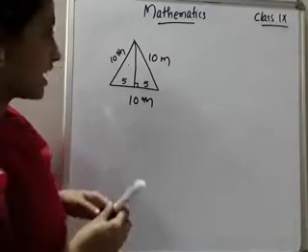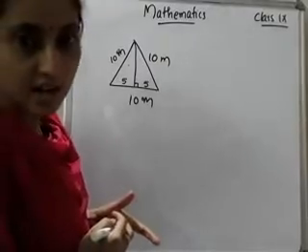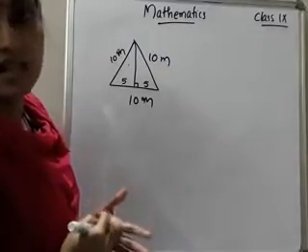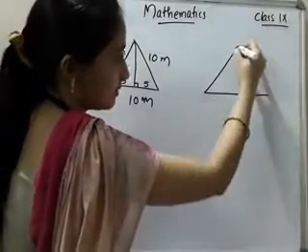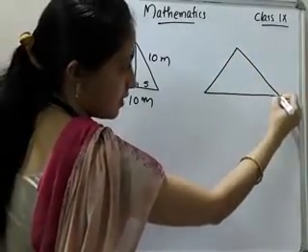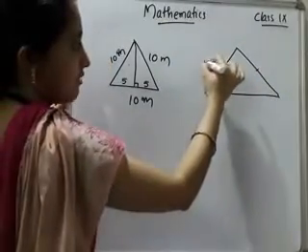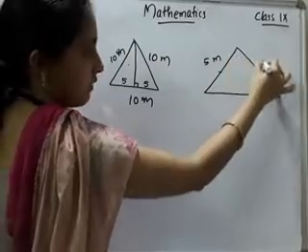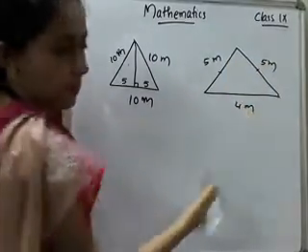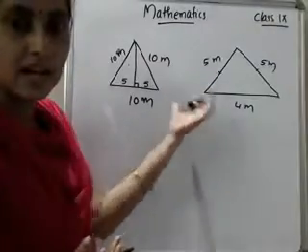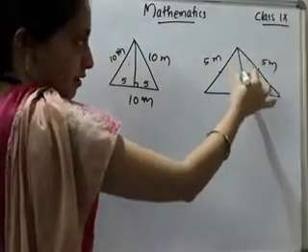Then, if it is an isosceles triangle, how will you find the area? What is the specialty of an isosceles triangle? Yes, 2 sides are equal. Suppose the 2 equal sides are 5 meter, 5 meter, and the other side is different, say 4 meter. First, you have to draw the perpendicular.